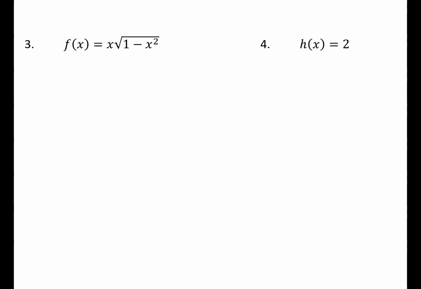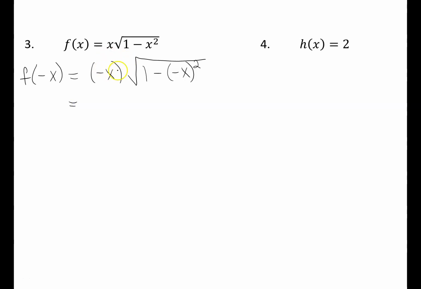Okay, number 3. Again, let's start with negative x, f of negative x. So we need a negative x in for this first x here. Then we've got our radical, 1 minus, and then we're putting in negative x squared. Next, we're going to simplify that.